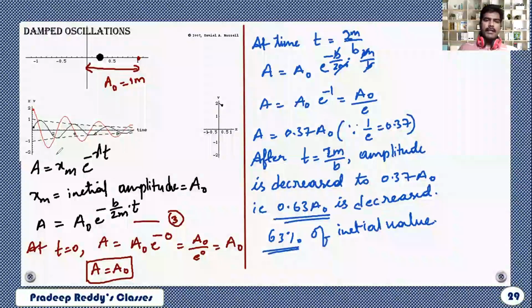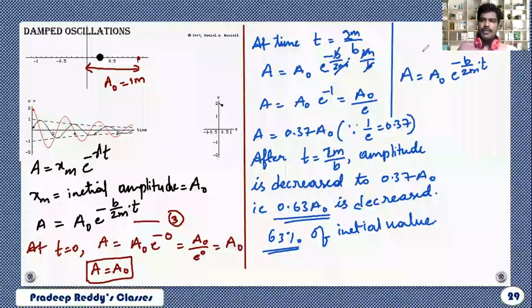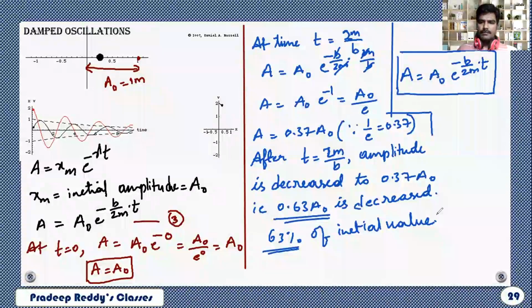So clearly the equation for amplitude of damped oscillations can be written as A is equal to A naught e power minus b by 2m into t. This equation is very important because it represents amplitude of damped oscillations, right?